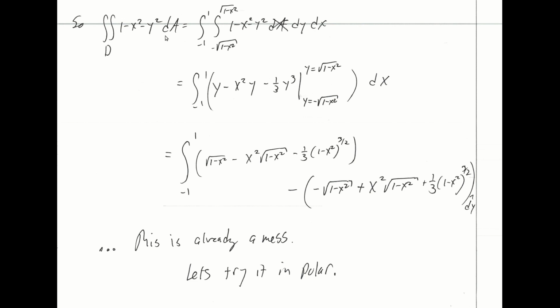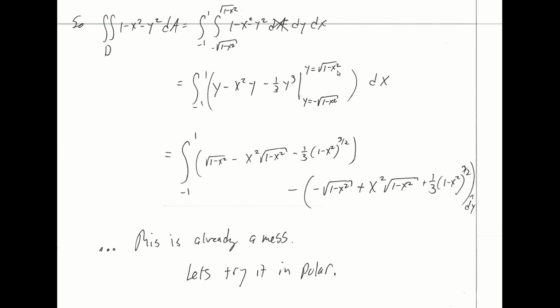So the double integral over D of this integrand is going to be the integral with x as our outermost integral. The limits are -1 to 1. And for y, we're going from the lower curve to the upper curve here. Forget the dA term that I had to cross out there. I'm taking an antiderivative with respect to y and getting y minus x squared y minus 1/3 y cubed. And y is going from this negative root to this positive root.